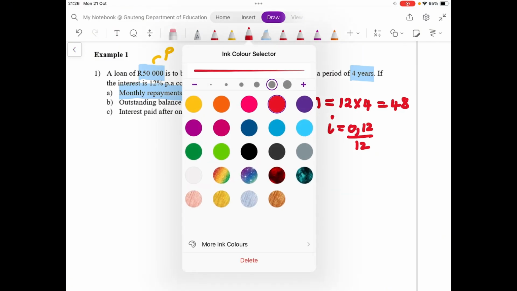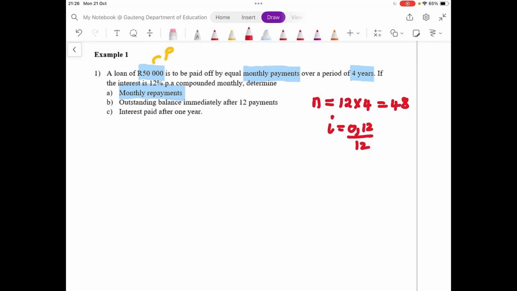Before we even start with the value of X, we need to write our formula first. So P is equal to X into 1 minus 1 plus I to the exponent negative N, all divided by I. Our loan amount is 50,000.